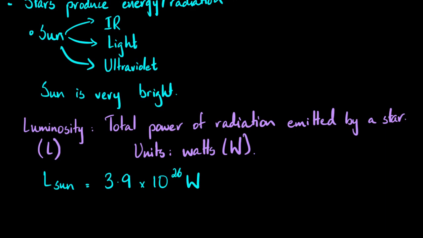How we got this figure will be a debate for another lecture, but anyway, let's just take this value as it is for now. And if we think about the watt, what we know is that it is the unit of power. So we can say that each second 3.9 times 10 to the 26 joules are released, right? So this is the energy generated by the Sun in 1 second.